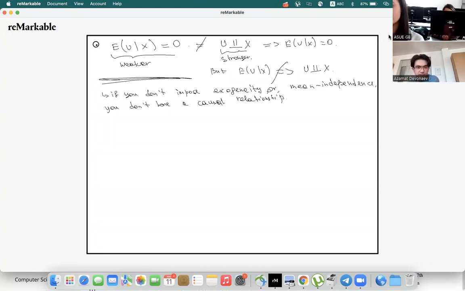Because remember that you had this model. Again, I will write it down just to make it clear. What you have is this thing, right? And what you're going to say is, what is the best predictor of y? Y is random.